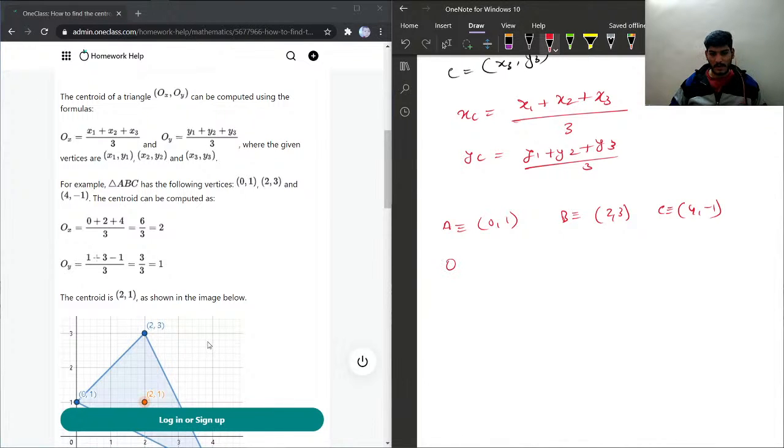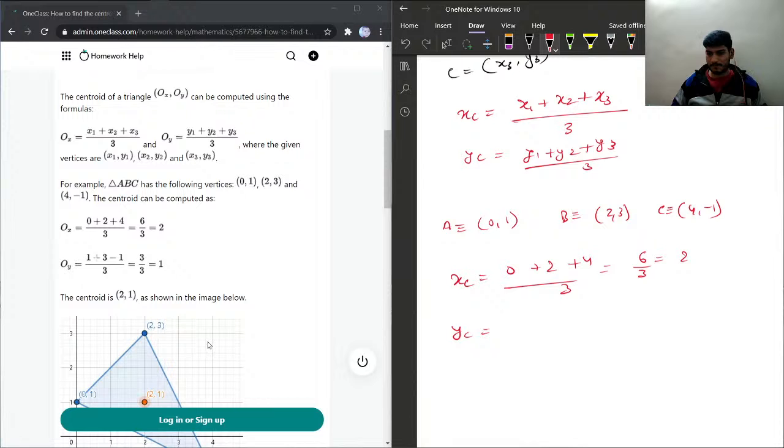So my xc will be 0 plus 2 plus 4 over 3. This will be 6 over 3, and this will be 2.